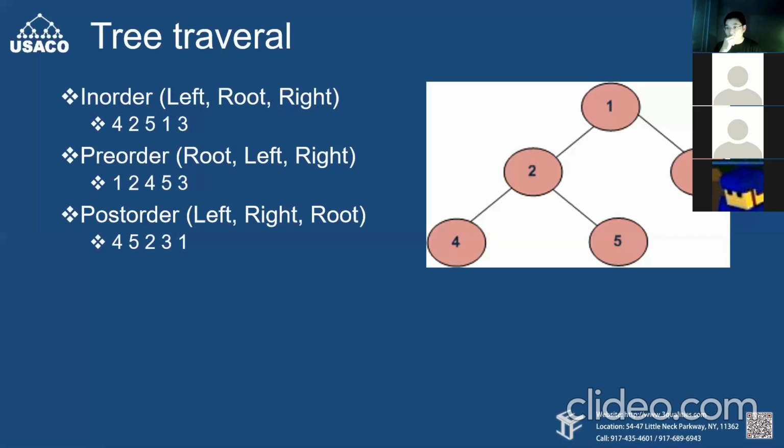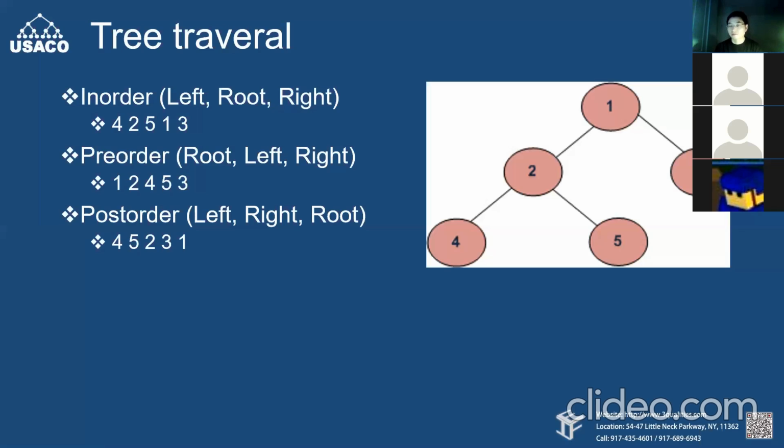If you look at the three different ways from the standpoint of the root, the middle node, the difference is when you visit the root node. In order means I visit the root node in the middle: left first, then root node, then right side.